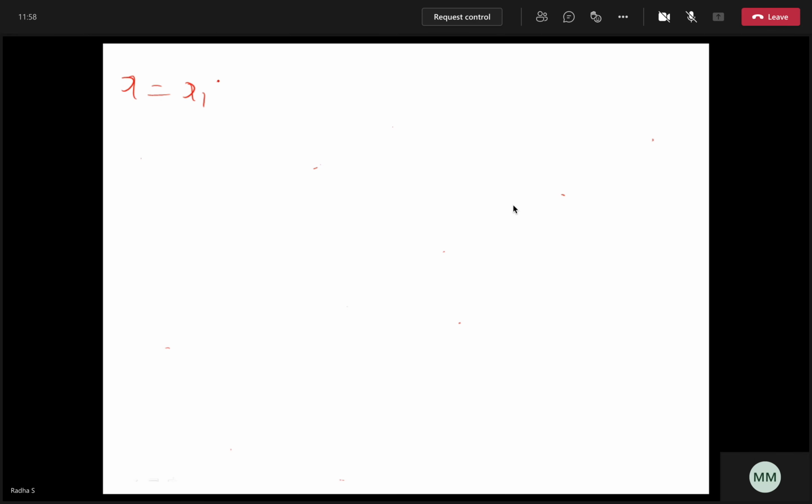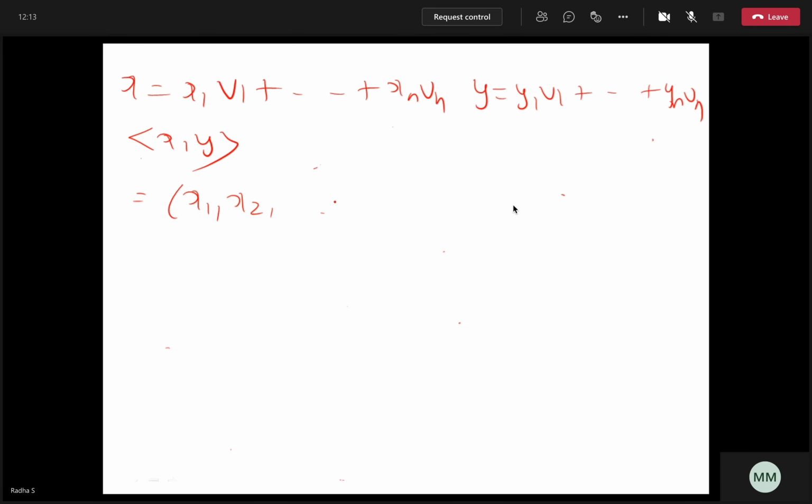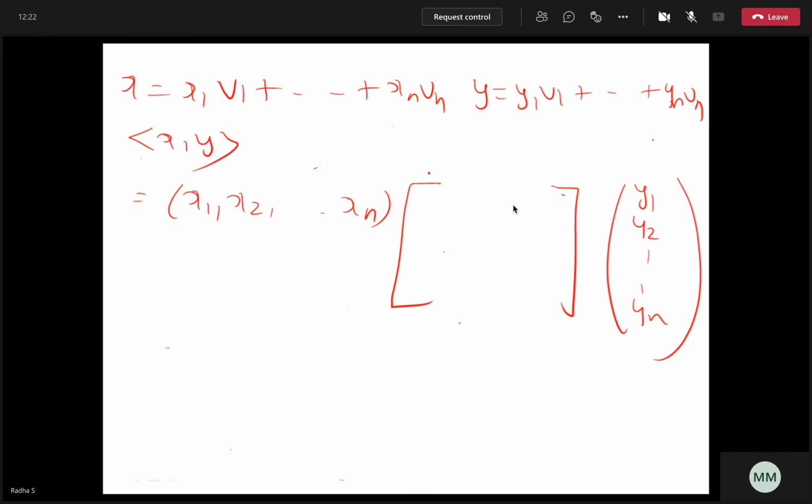Suppose your x is x1 v1 plus etc. xn vn, and your y is y1 v1 plus etc. yn vn. Inner product of x comma y, how to write it now? x1, x2, etc. xn into some matrix into y1, y2, etc. yn. So what is that matrix?